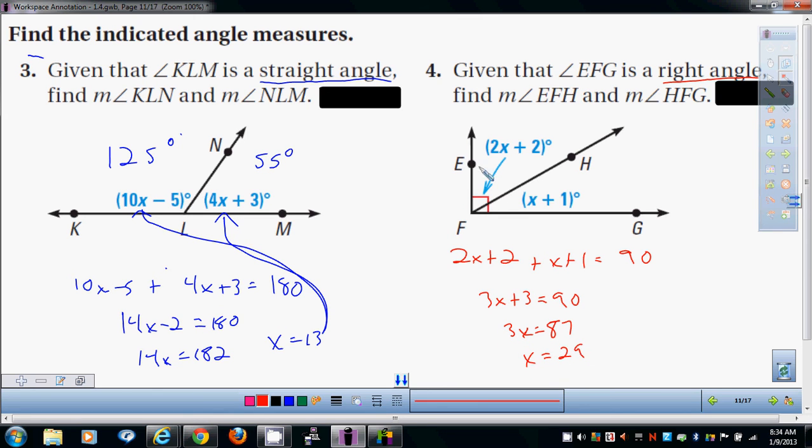Then you plugged that in for the x's and got what? Which added up to 90, so you knew you did it right. 29 went in here and here, and very good. Couldn't have done any better myself. Questions about anything on the board?